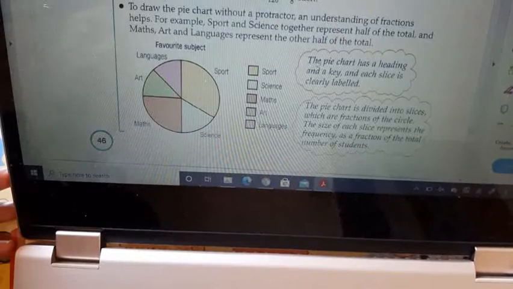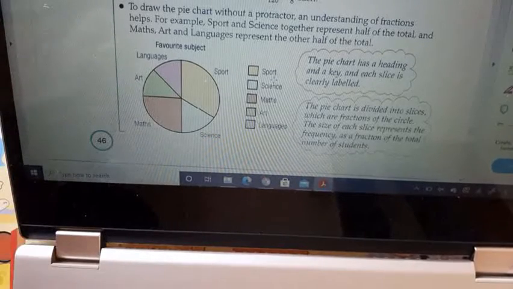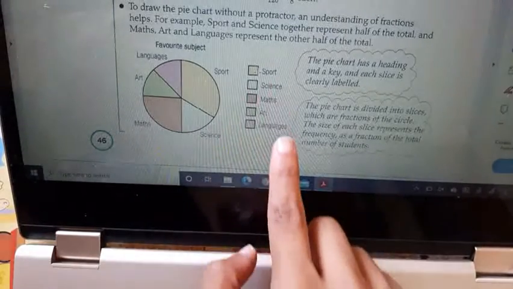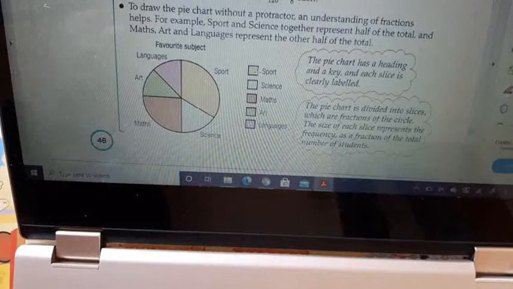This is very important to make your pie chart meaningful and readable for the users. So you're going to make a key here. This key would show the colors and the subjects.